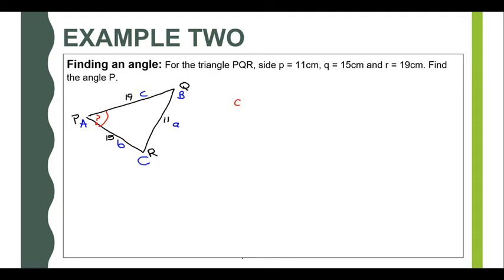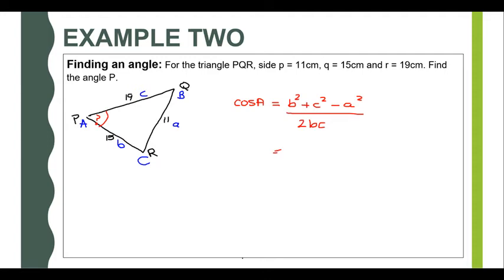So we want cos A itself, which you can get by rearranging the cosine rule we've previously used, is equal to b squared plus c squared minus a squared divided by 2bc. And again, I'm filling in what we know.